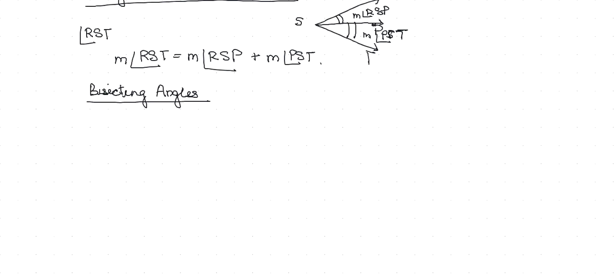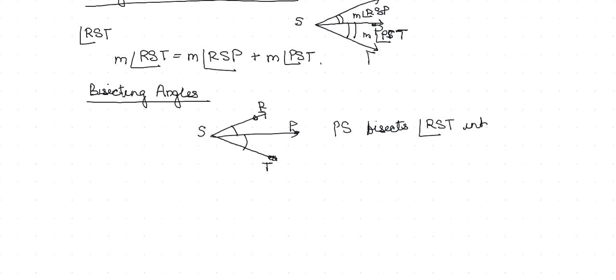In a bisector, it is like R, S, T, and this is P. So in this, PS bisects angle RST into two congruent angles.